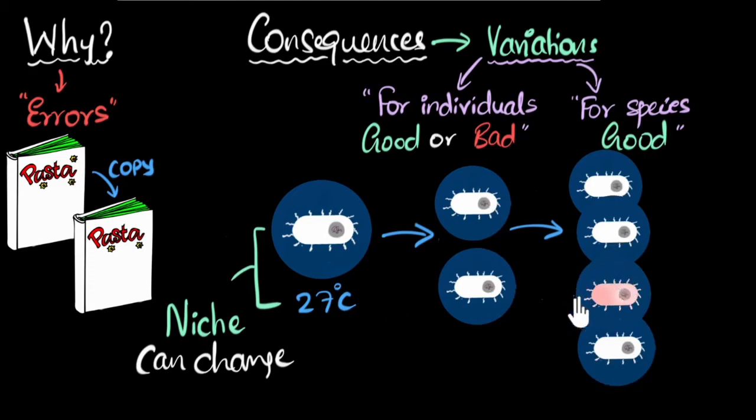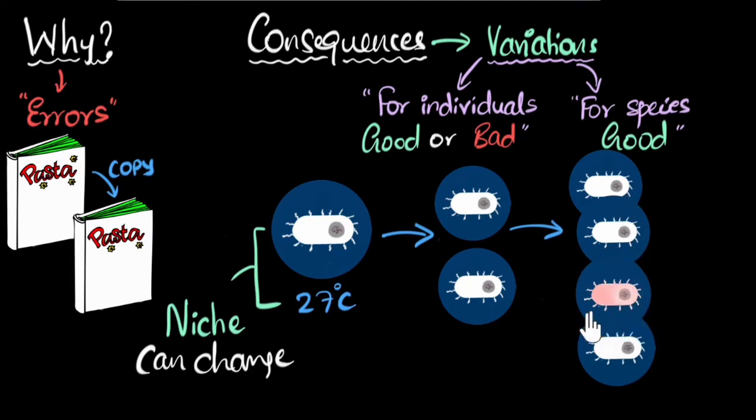But this particular variation now has an advantage, right? Because that is adapted for higher temperatures. And so what will happen now? Well, now as time passes by, we will see the numbers of these guys will start decreasing, but the numbers of these ones will start increasing because they are better adapted to that new higher temperature environment.